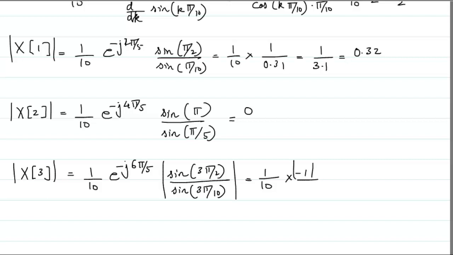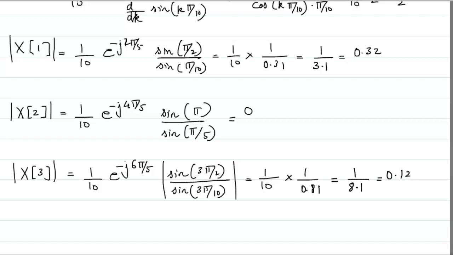So I will just write this as 1 divided by sine 3 pi by 10, which comes out to 0.81, which comes out to be 1 divided by 8.1, which comes out to be 0.12.